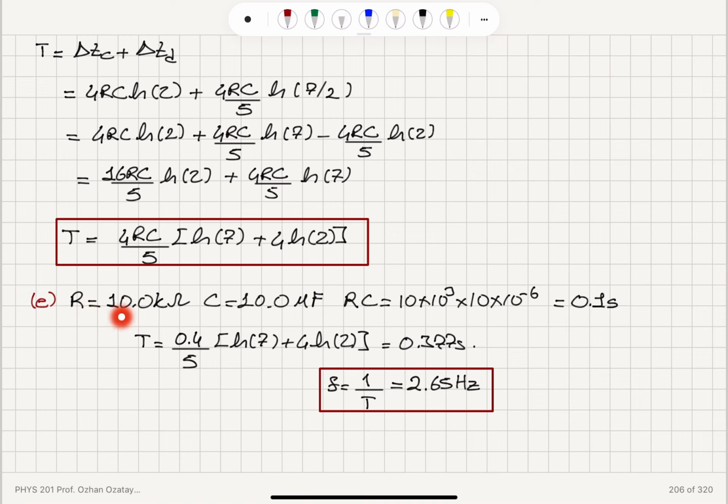Now, if I have R is equal to 10 kilo ohms, C is equal to 10 microfarads, RC time constant is 0.1 seconds, so I can substitute that to find the period. 1 over the period is the frequency of operation, which is 2.65 hertz.